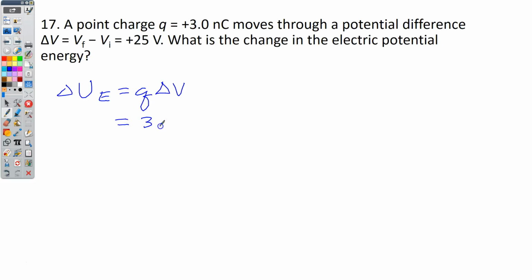We have 3 nanocoulombs and 25 volts. So this is really 3 times 10 to the negative 9th coulombs times 25 volts. So you're going to end up with 75 nanojoules, or 75 times 10 to the negative 9th joules. And that's all there is to number 17.